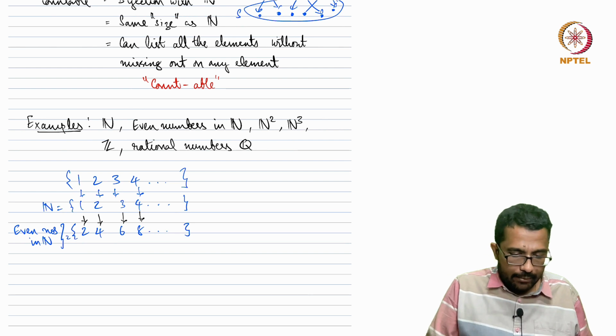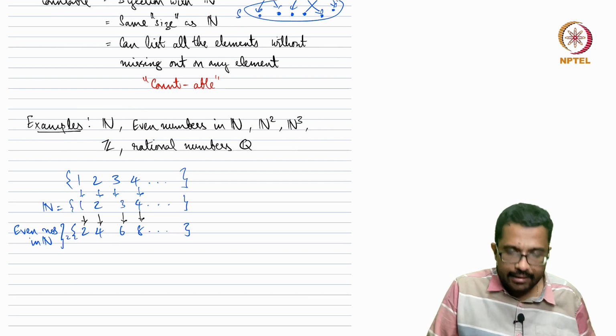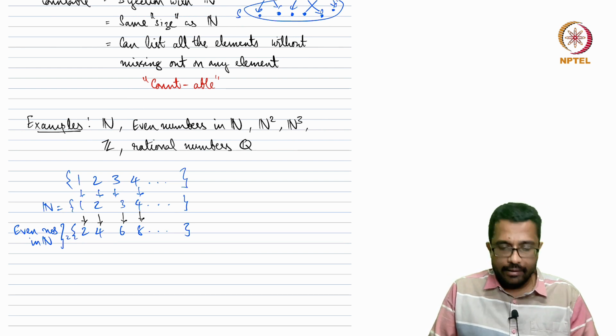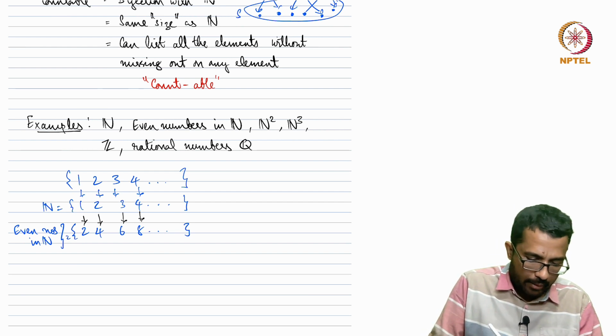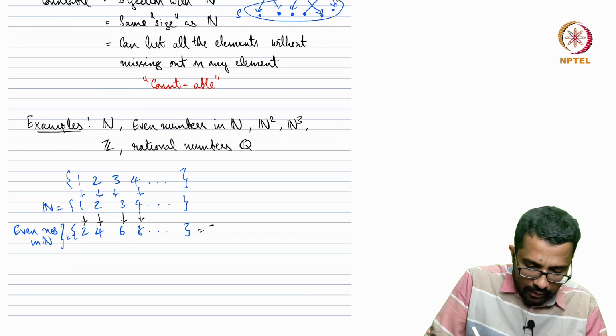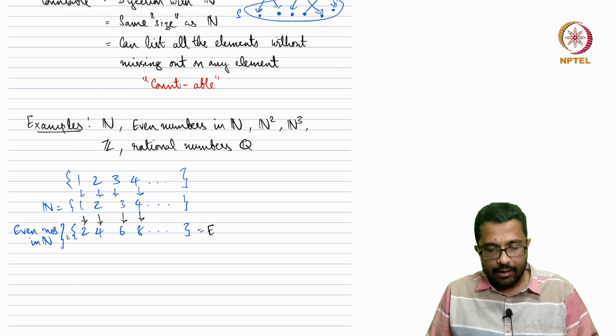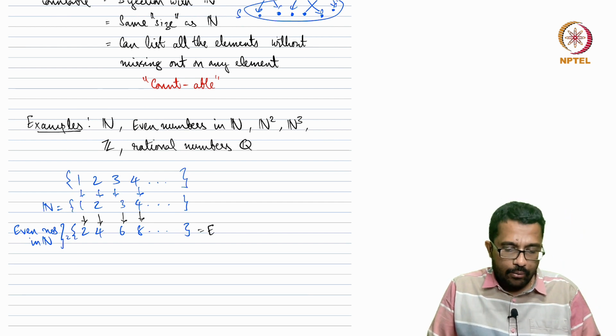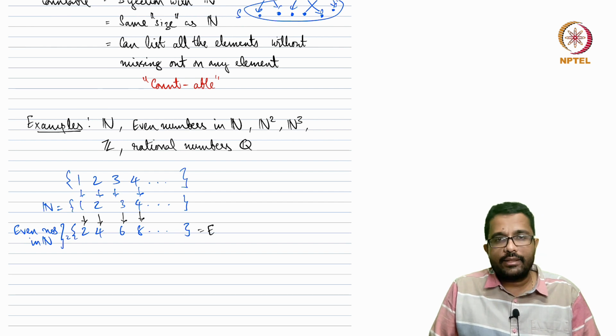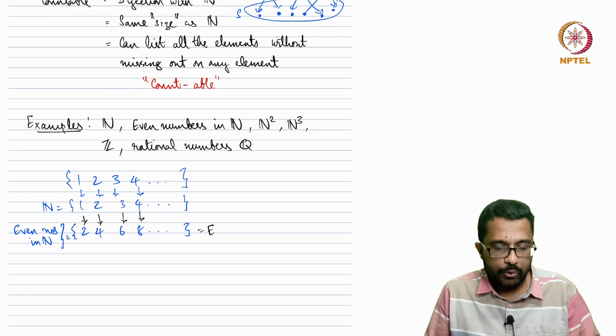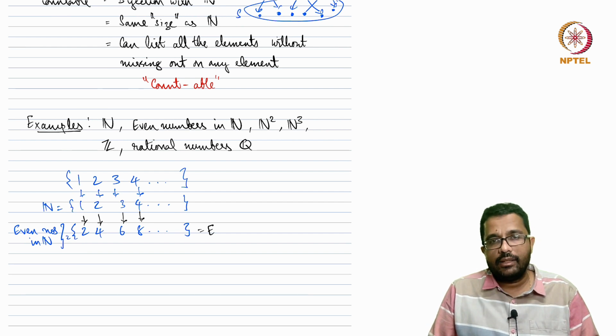So 2 is the first element, 4 is the second element, 6 is the third element, and so on. And I can list down all the elements in the second set, maybe I'll call it E. So all the elements in E are mapped like this, and it's clearly 1 to 1. No two elements x and y in n get the same image, and it's also onto. No element in E is missed out.